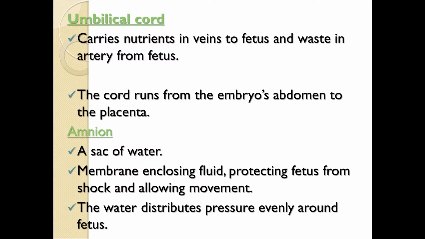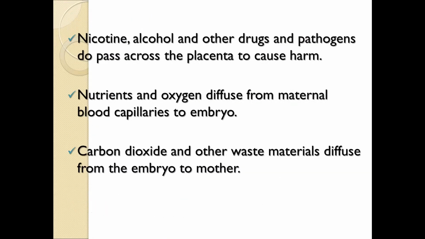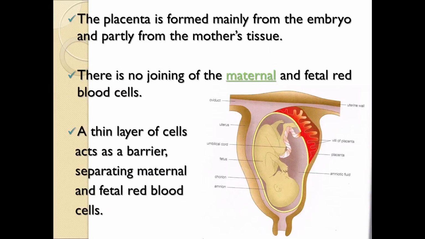Amnion, it is a fluid. The amnion produces something that is called the amniotic fluid. Going back to the diagram, if you look at the labeling, surrounding this fetus is a fluid that is known as the amniotic fluid.